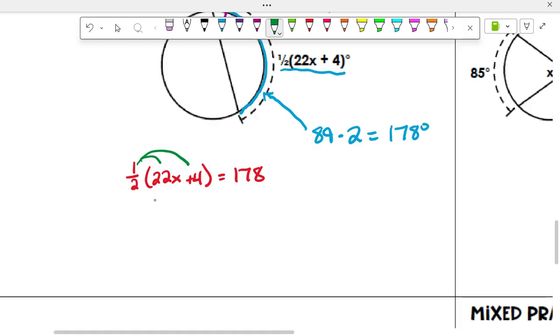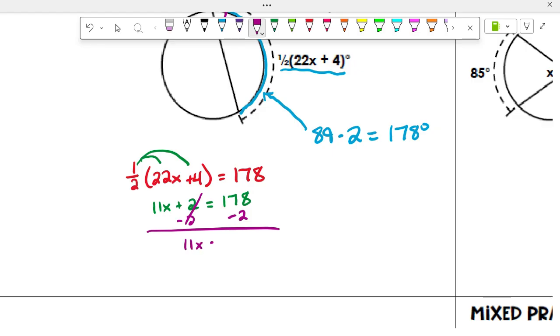Dividing by 2. So what does 22x become? 11x. What does 4 become? 2. It's equal to 178. I then subtract the 2. 11x is equal to 176. And then I divide by 11. X is equal to what? 16.